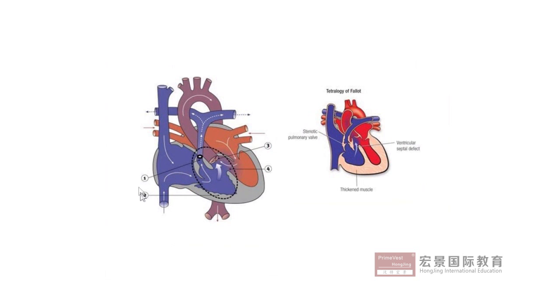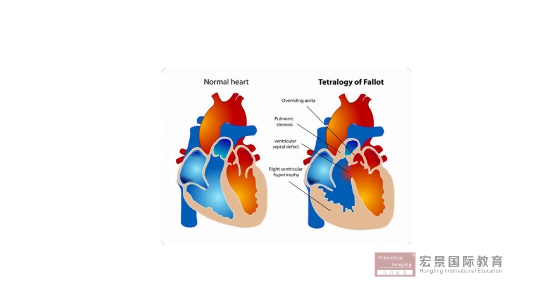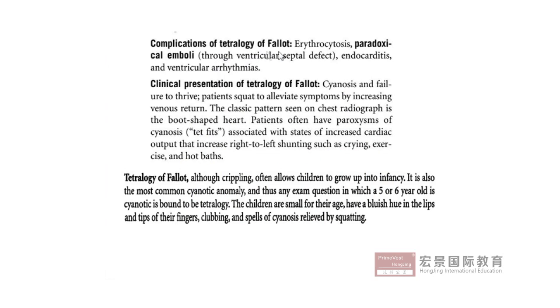Okay, here also you can see the four factors that form tetralogy of Fallot. It's the same picture, I don't explain more. Complications of tetralogy of Fallot: erythrocytosis, 红细胞增多, paradoxical emboli through the ventricular septal defect.